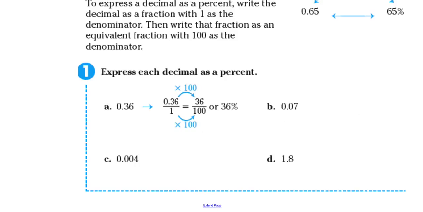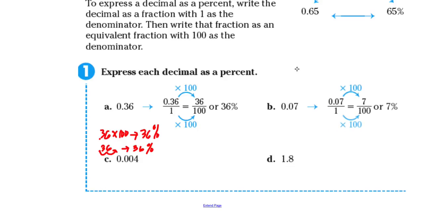This is actually longer. All you can do is take 0.36 and simply multiply that by 100, which will give you 36. Or move that decimal 2 spaces to the right, which still gives you 36%. Let's look at B. Same thing. 0.07 over 1, and then multiply both by 100, and you end with 7%.